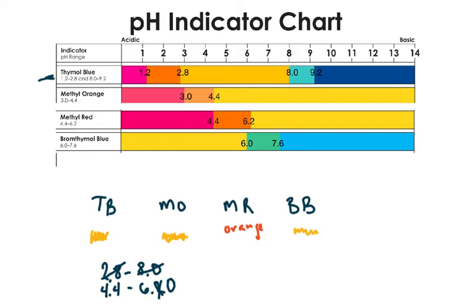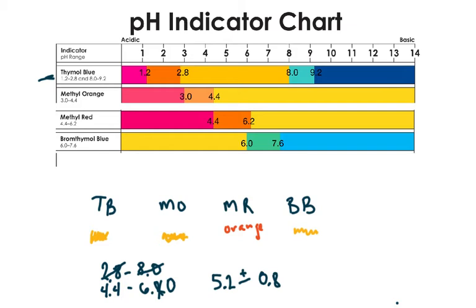So, for example, here I would average 4.4 and 6.0 together to get an average of 5.2, and then my range plus or minus, 6 minus 5.2 is 0.8.